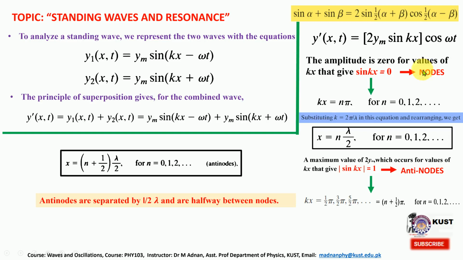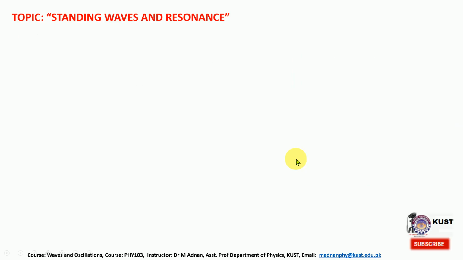There are some points which are fixed on the string and others which are just performing simple harmonic motion with fixed amplitude. So that's why the energy is not transported. But in the case of traveling waves, we have discussed that all the elements or particles of the string perform simple harmonic motion, and hence the energy is transported through that string.